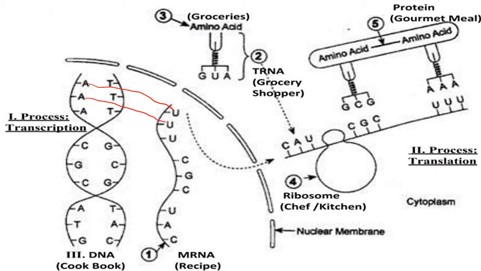A, U, A, U, G, C, C, G, G, C, A, U, T, A, G, C. Thus copying the gene from the DNA directly onto the mRNA, transcribing it letter for letter, word for word.